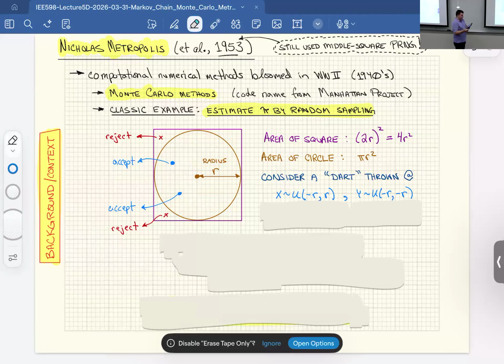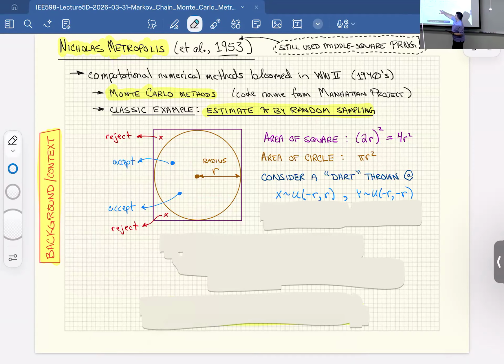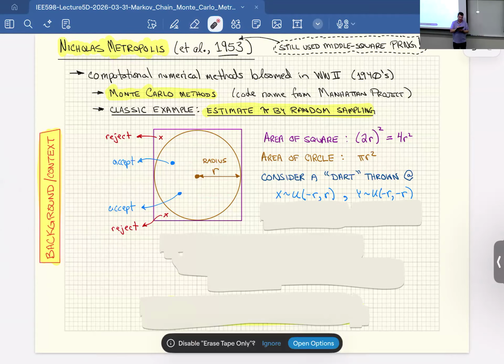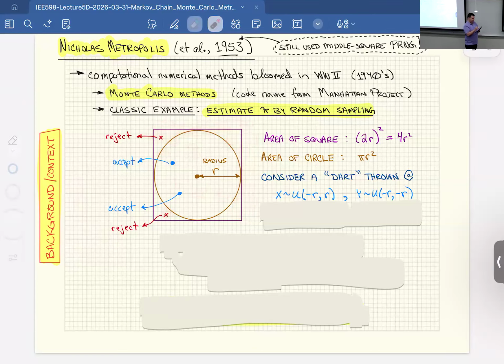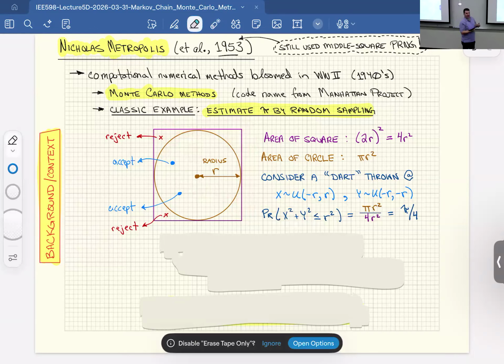So if we consider a dart thrown at this dartboard, the computational way to do that is to draw a uniform. If I draw a point uniformly in X across here, and uniformly in Y across here, then that is going to land somewhere in this region. Then I can ask, did that point land in the circle?